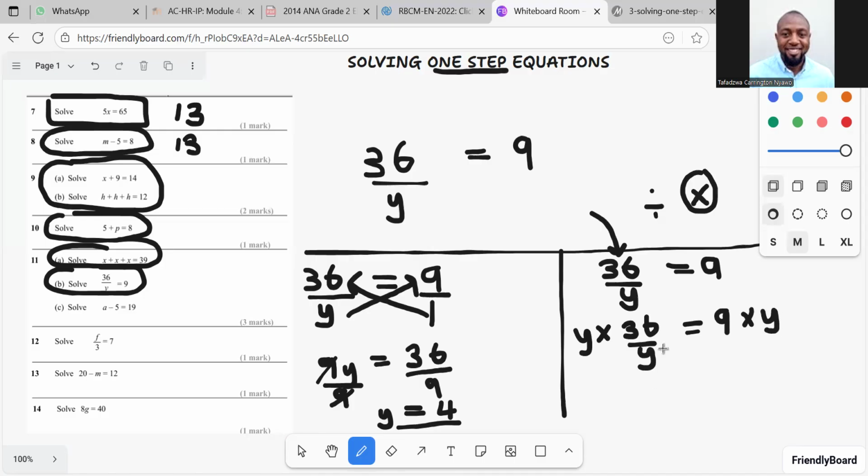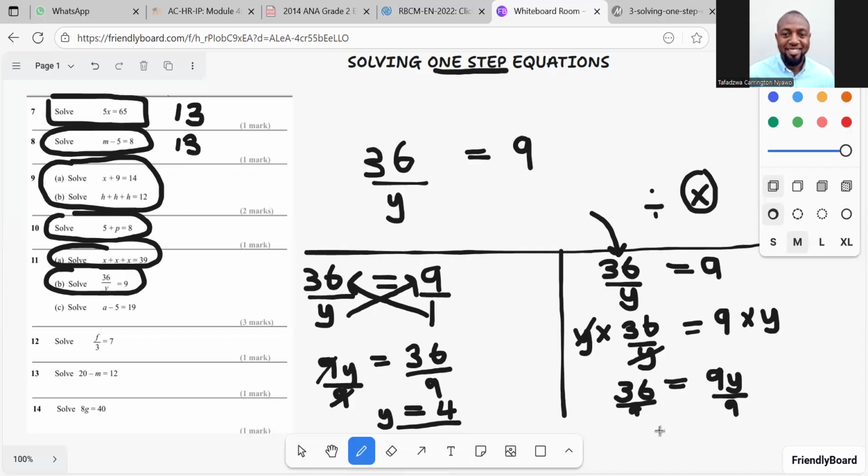You can see this y and that y will then cancel out, and I'll be left with 36 is equal to 9y. Then what's next? Divide by 9, divide by 9.